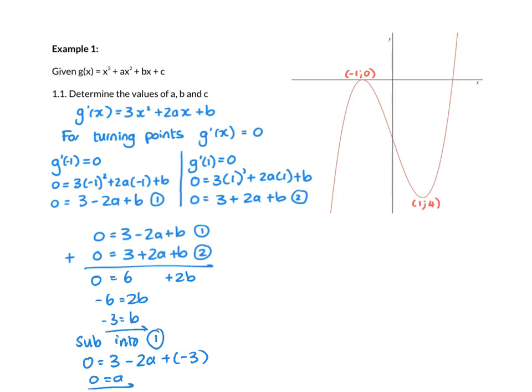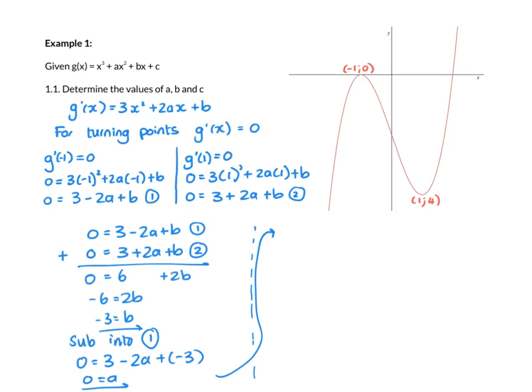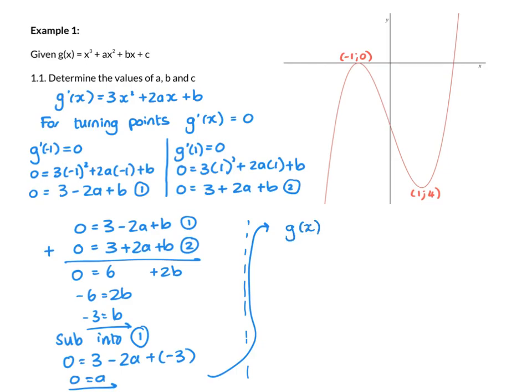That means what I don't have so far is c, and I can't generate a c from the derivative, but I can from the original formula. So let's take the original formula with the a value and the b value that I know, and then I can substitute either point because both of those points lie on the original graph.